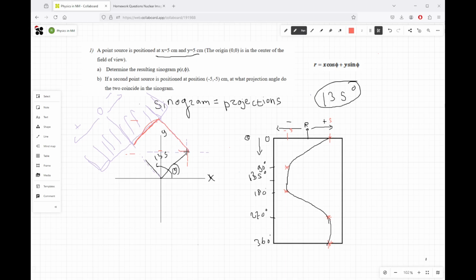Which is basically the length of this line right here. And with the help of the Pythagorean theorem, you're able to figure it out. That this length is roughly 5 square root of 2. And that roughly equals to, let me type it in.